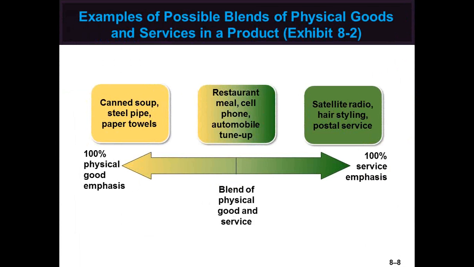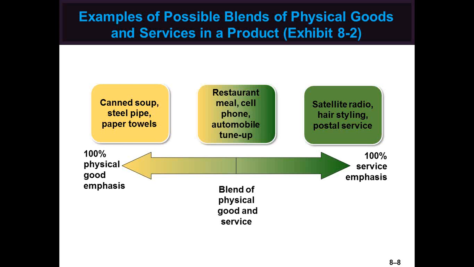A product can be a physical good or an intangible service, or it can be a blend of both. This diagram shows how one can position products in terms of their physical good emphasis or their service emphasis. Some products, such as canned soup, steel pipe, and paper towels, have an emphasis that is almost completely physical.